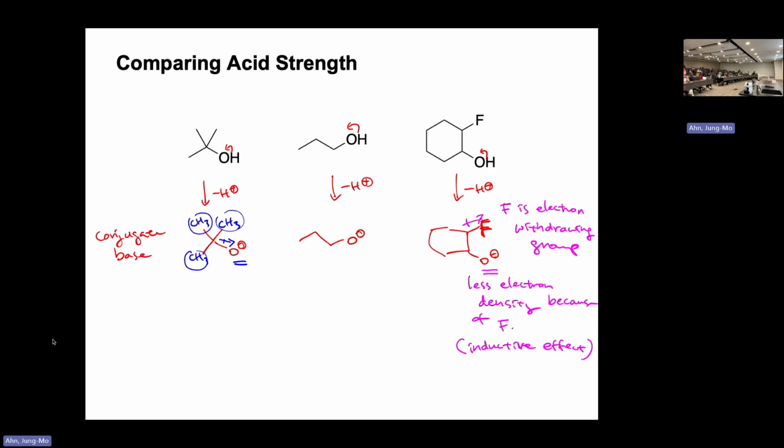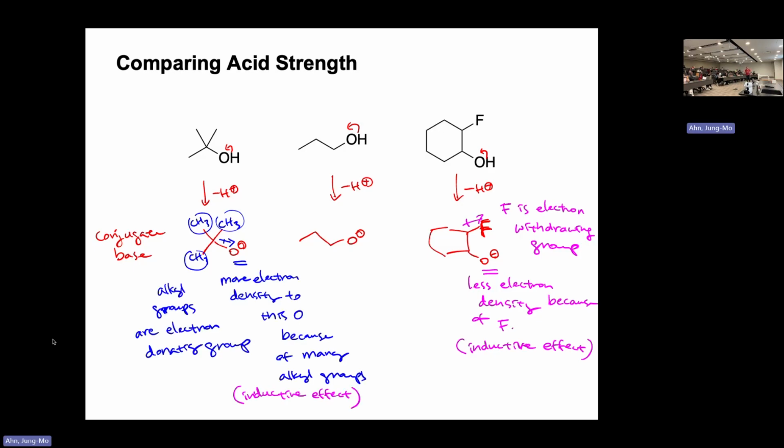I mean, it's a small fraction, but it increases electron density on oxygen, which is done by the neighbors. So if you compare between these 2, this gets less electron density compared to that one because it has more carbon chains near the oxygen anion. So that is also called inductive effect. Electron density being changed by the neighbors through the bond.